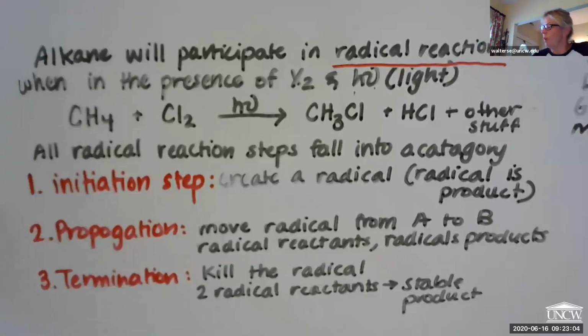So one thing that you'll have to be able to do is, if you see a step in a radical reaction, identify it as initiation, propagation, or termination. So we're going to look at this reaction from the perspective of these three steps.